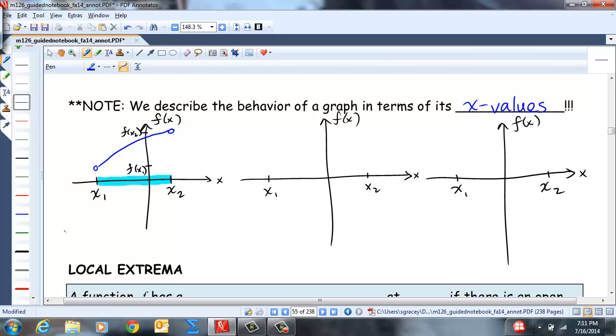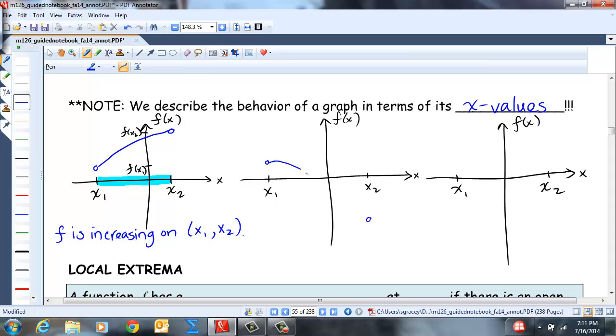So we would say f is increasing on x1 to x2. Okay, now let's take a look at a picture of a function that's decreasing. So let's have our endpoints be like this.